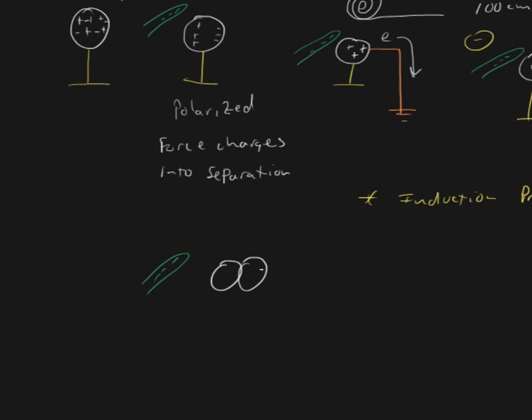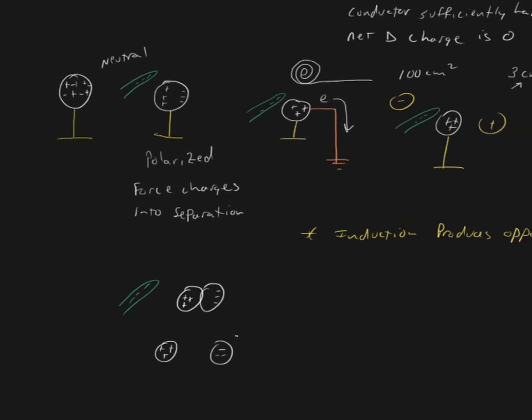And when I do that, I push the electrons onto the sphere on the right, leaving a net positive charge on the left. And before removing this rod from close proximity to those two spheres, you separate the spheres so that each one maintains its overall polarity. So the one on the left is positive and the one on the right is negative.